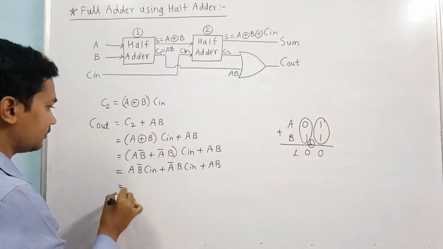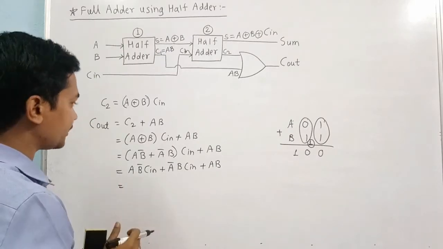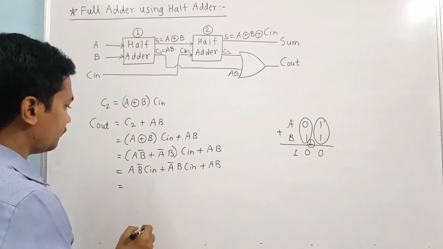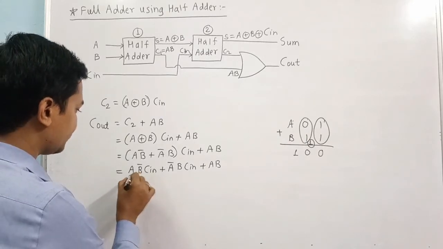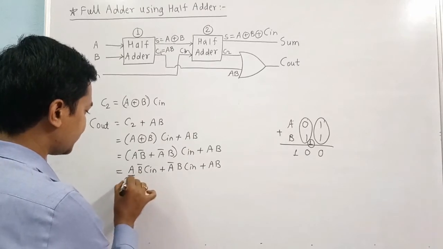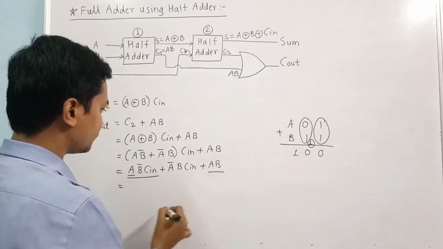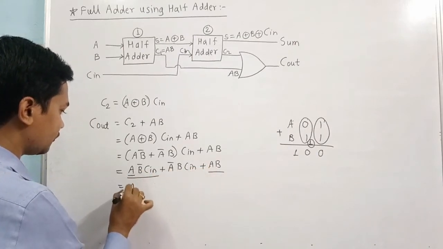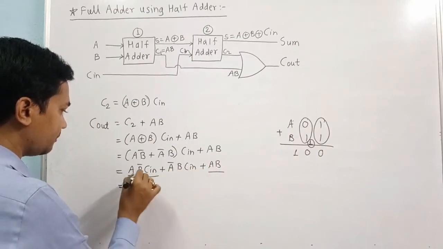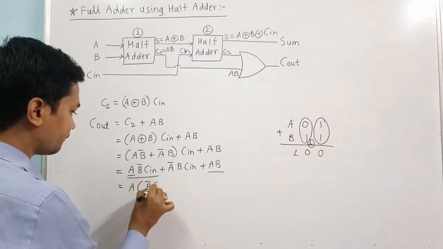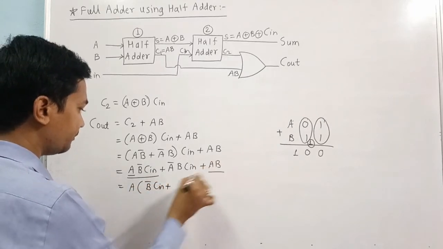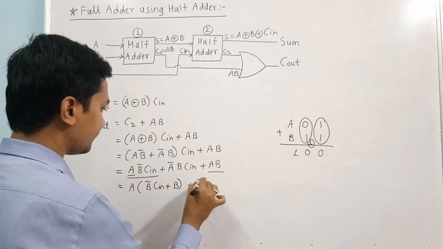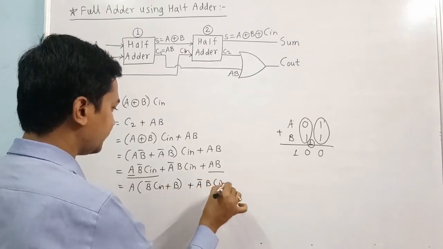From this expression we can take A common from the first term and the third term. So A, and what remains inside? B bar C in plus B, and the second term we write as it is, A bar B C in.